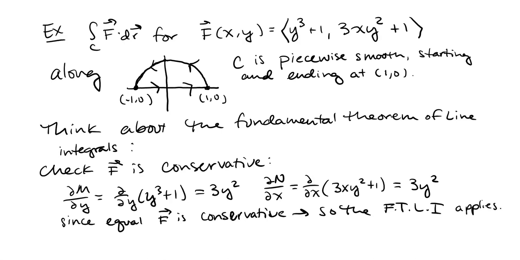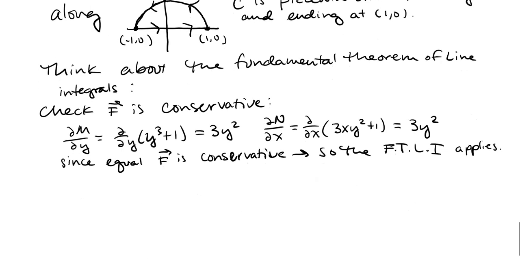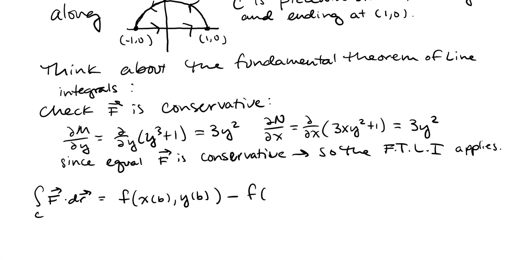Now remember what that fundamental theorem of line integrals says. It says that we can evaluate the line integral of F dot dr by instead taking the potential function and evaluating it at x of b, y of b, and subtracting the potential function at x of a, y of a.